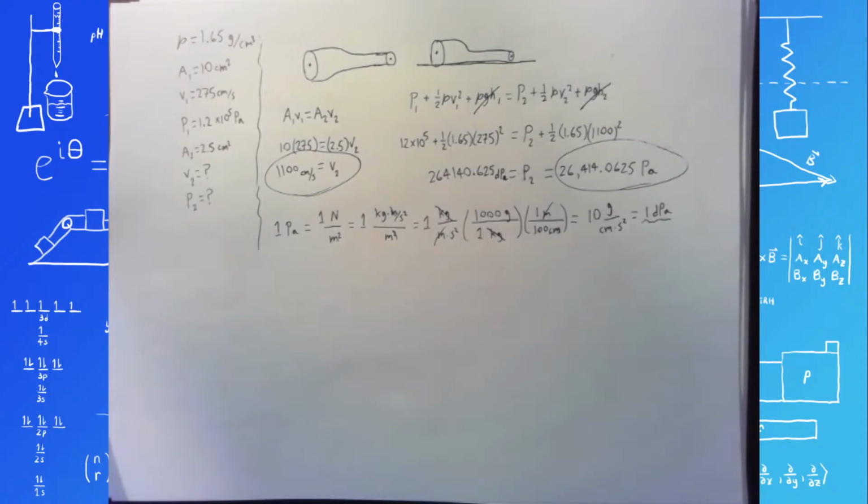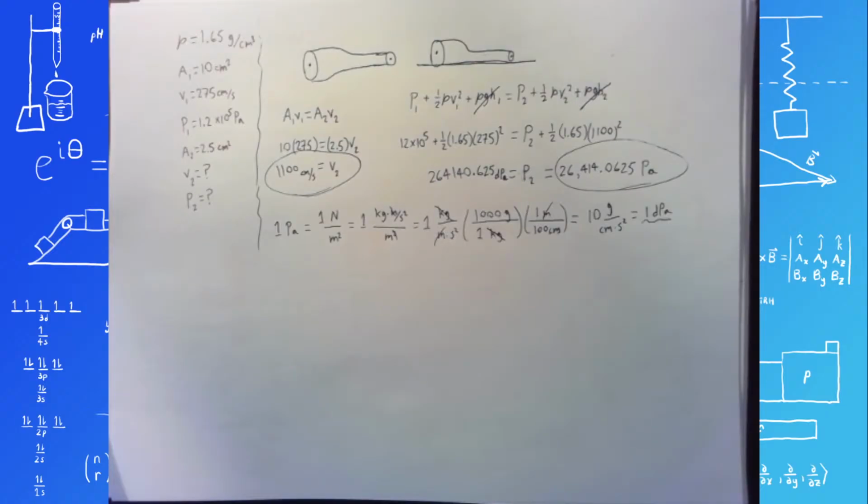All right, let's have a look at another one. I remember reading this one, but I don't remember if I liked it or not. It says, when a person inhales, air moves down the bronchus, or windpipe, at 15 centimeters per second.